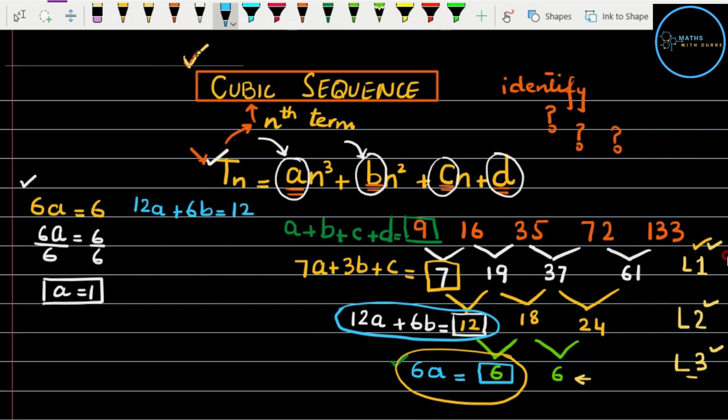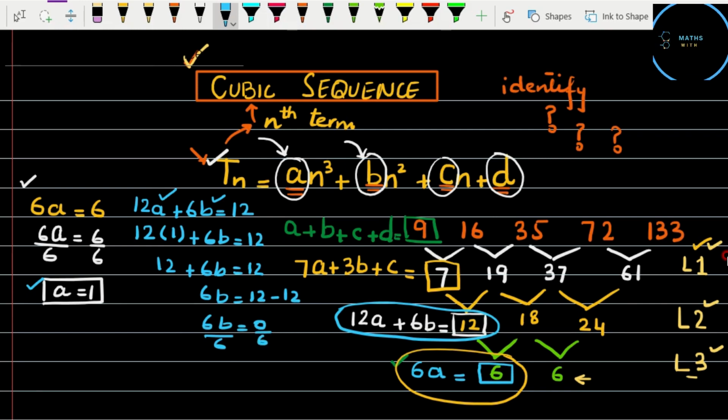As you know, there are two variables, and I have already calculated a, so I will substitute the value of a, that is 1. 12 plus 6b is equal to 12. So 12 minus 12 will give us 0, and 0 divided by 6 gives 0. So b will be 0. Okay.